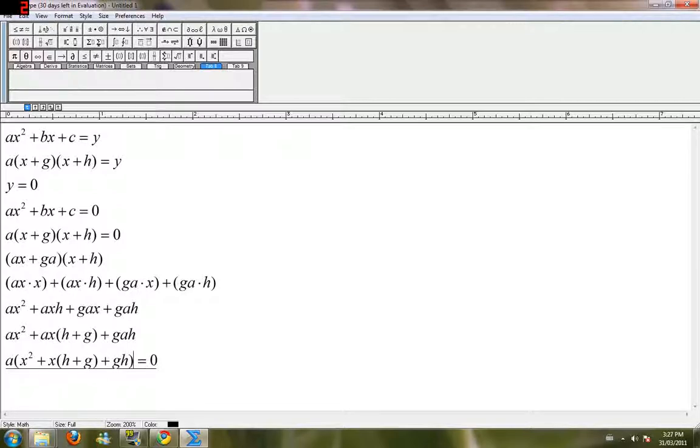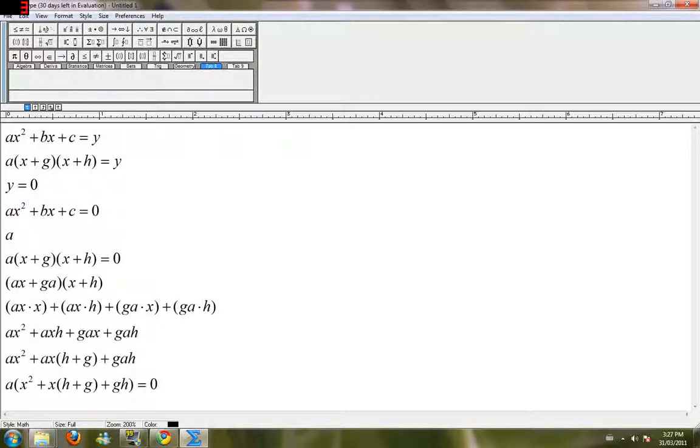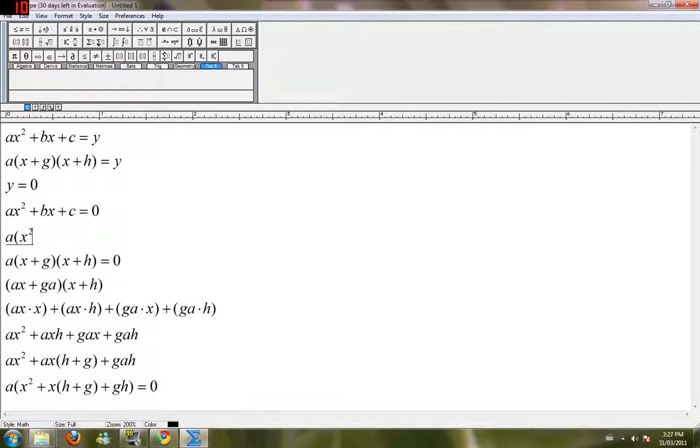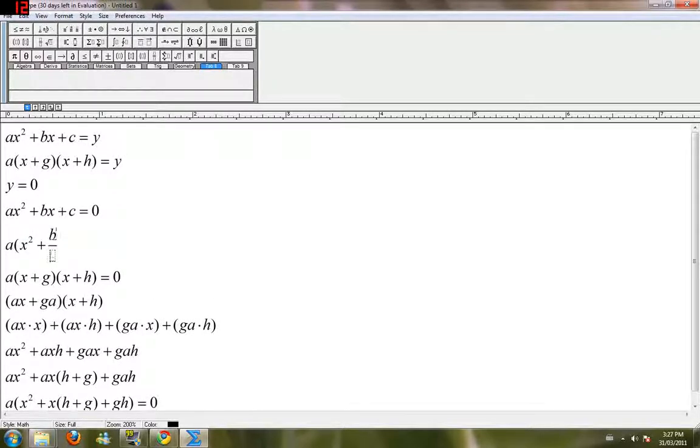Now this form looks very similar to both this form and this form. The only difference is that in this form, the a is not outside the brackets, but we can easily change that and say that ax squared plus b over a x plus c over a is equal to 0.